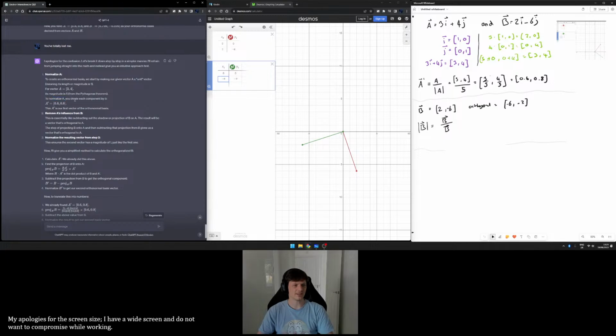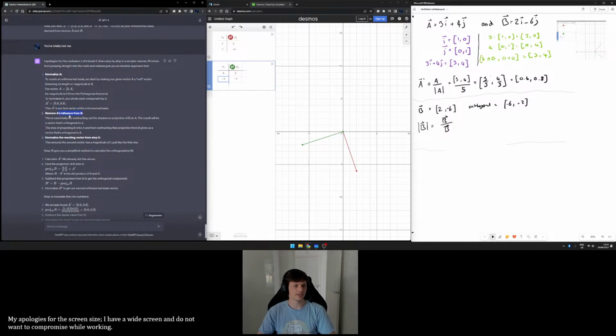To normalize A, you divide each component by 5: 0.6, 0.8. Okay, we've got that. This A prime is our first vector of the orthonormal basis.